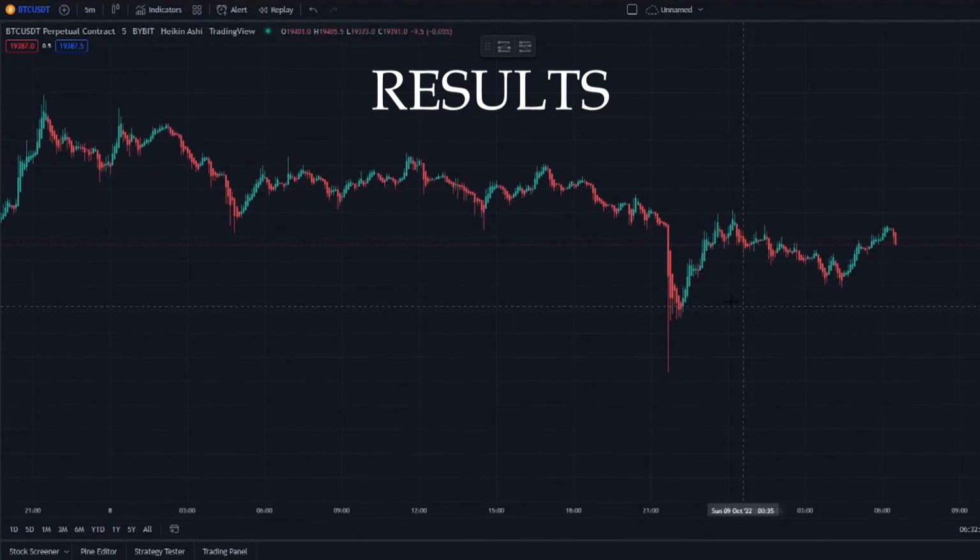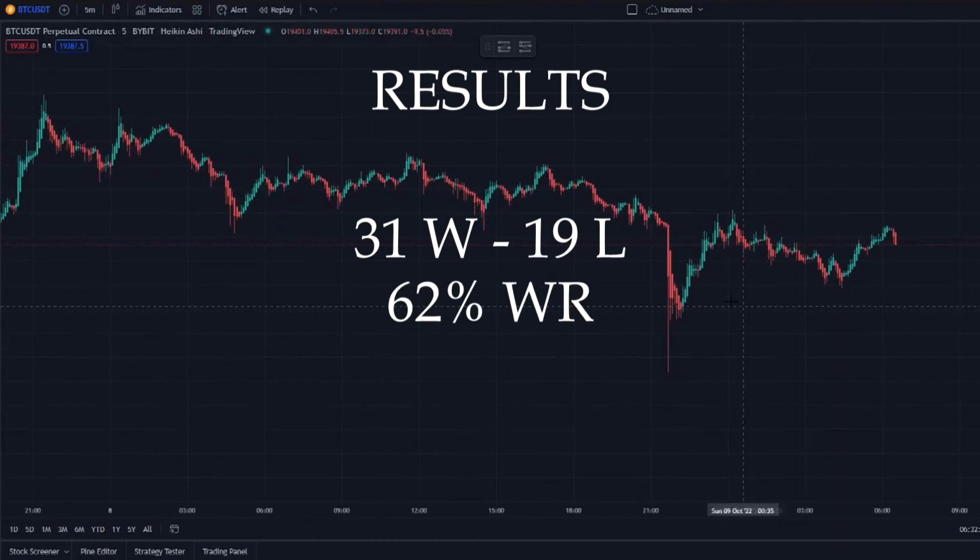Now after 50 trades, we had a result of 31 wins and 19 losses. This rounds up to a 62% win rate. Now we were risking 2% of our account on every trade and taking profits at a 2-to-1 risk-to-reward ratio, so our gain on the account ends up at 86%.